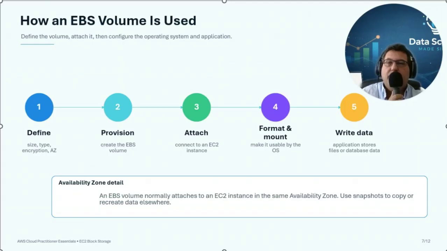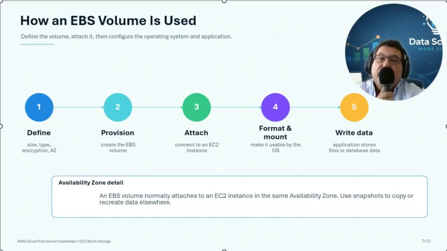For example, a volume in US East 1A normally attaches to an instance in US East 1A. It cannot simply be attached directly to an instance in US East 1B.